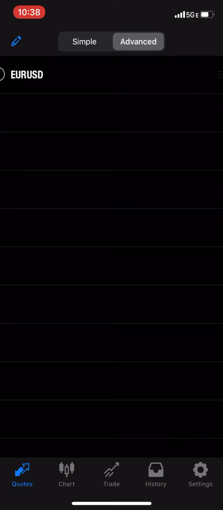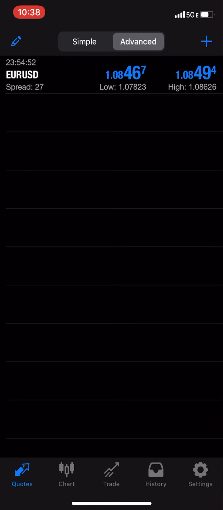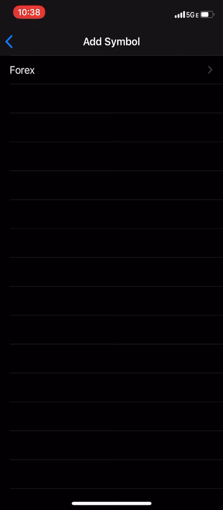If you wanted to add currency pairs to the list, you're going to click on this plus button in the top right. Now, depending on which platform you use to open your practice account, or if you're using a live account, you may see more options besides Forex.